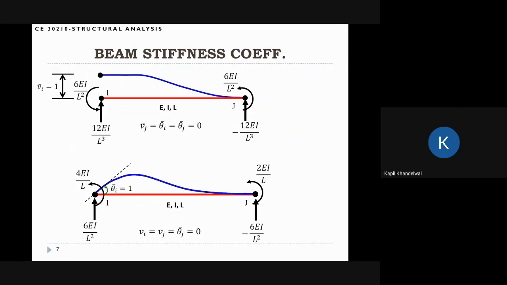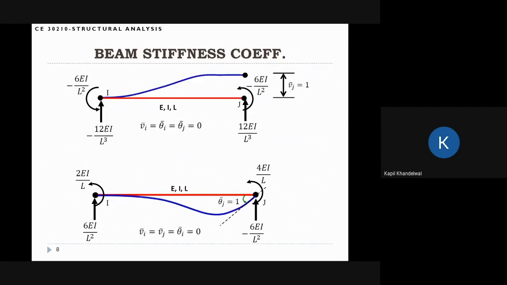So it's important, and it's better to understand how I am using them, and definitely bring these two sheets out, this one and this one, sheet number 7 and 8, and keep these slides on your side when you're going through this lecture, and this will help you understand what's happening. All these stiffness coefficients I'm using in various ways, and sometimes I is changing, sometimes L might also change.